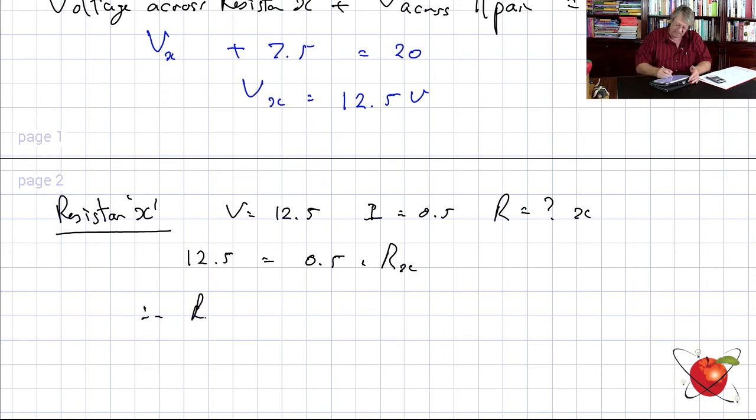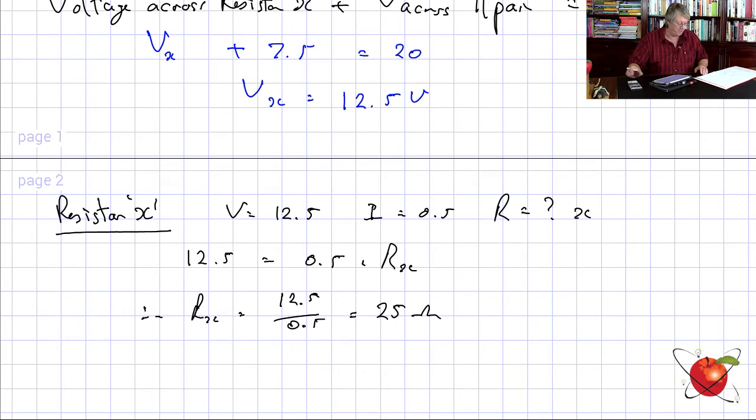Therefore, Rx is 12.5 divided by 0.5, which is 25 ohms.